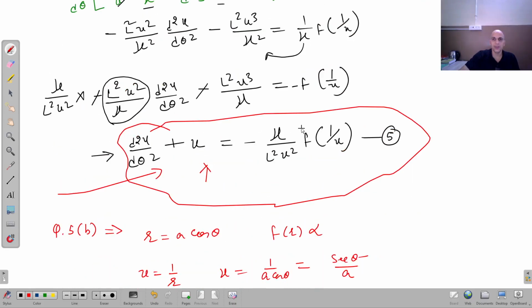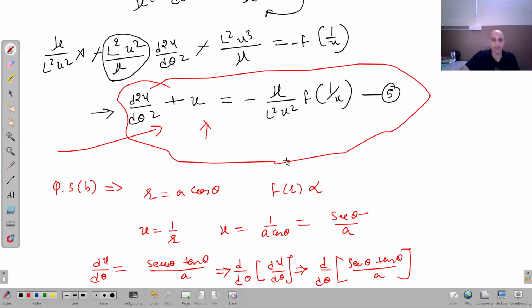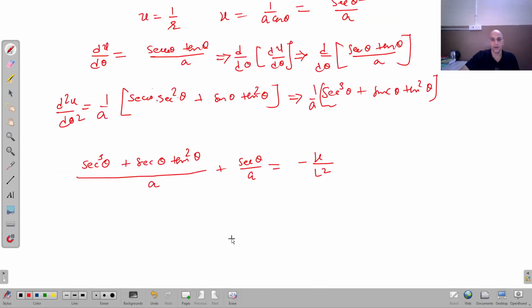It was minus mu upon L square u square. Here u square means 1 upon a square cos square theta.